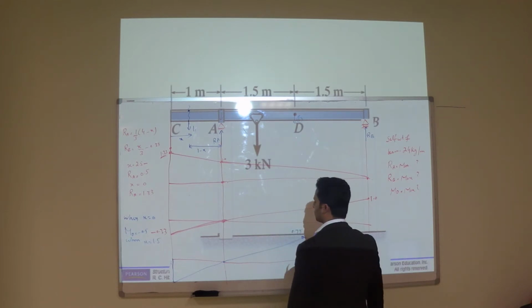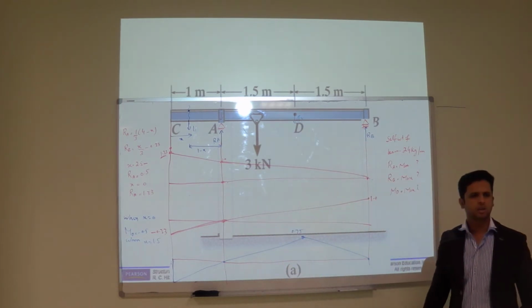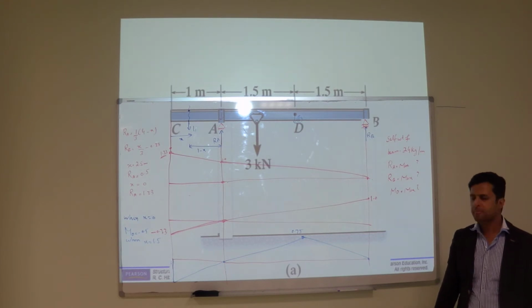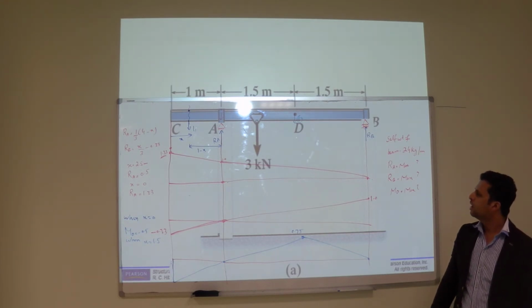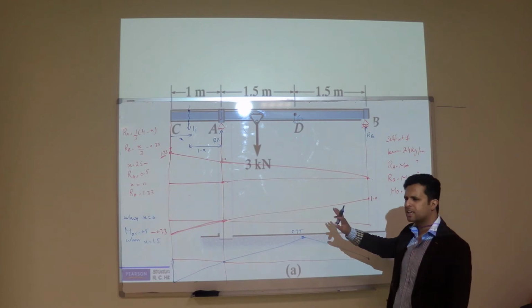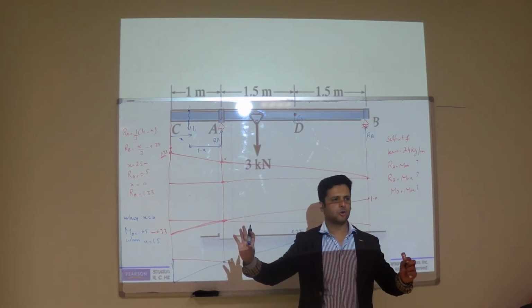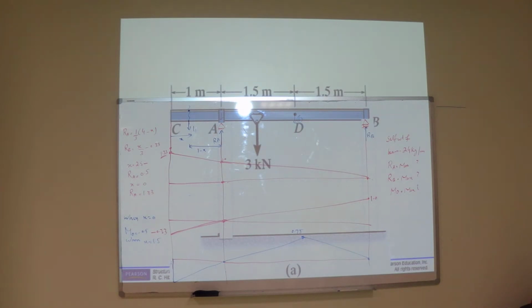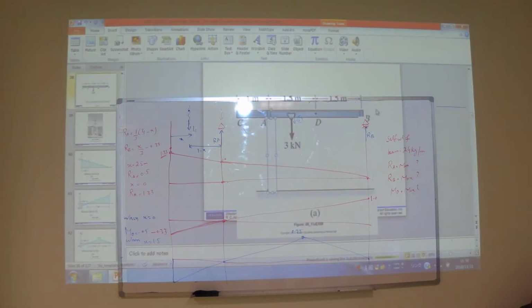Why do you consider 1 not 3? The 3 kilonewton. Forget about 3. I'm telling you, first you have to draw the influence line diagram. Let me take it a little bit up. Should this be negative or positive, the 0.75? I think it should be positive.